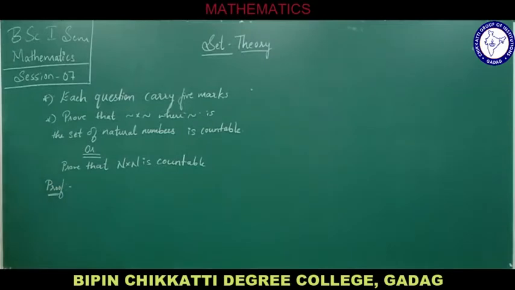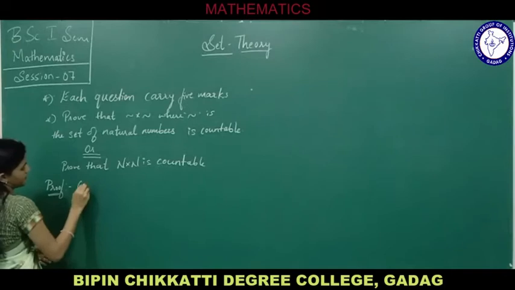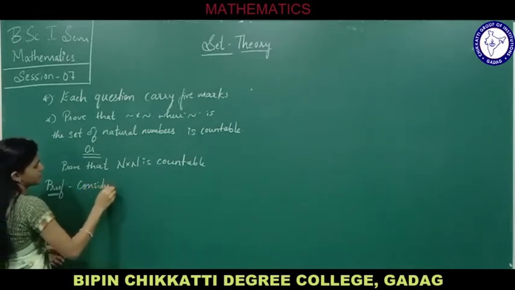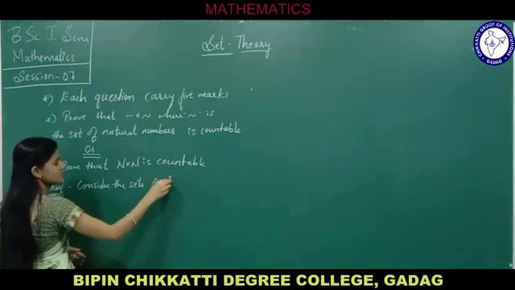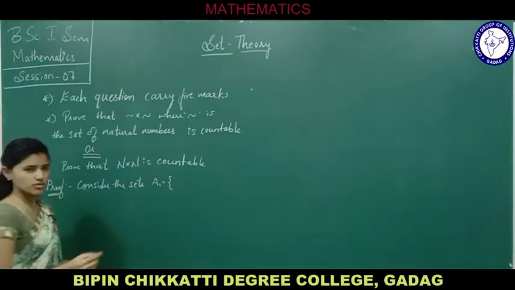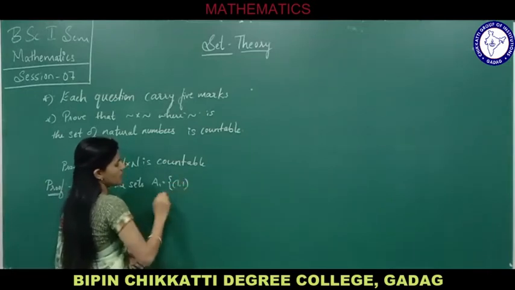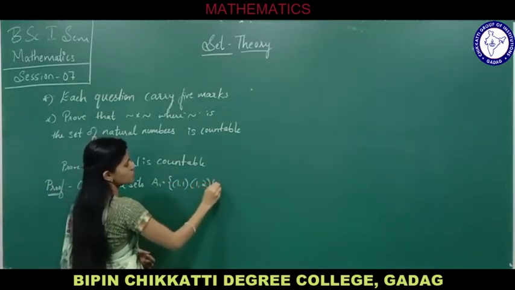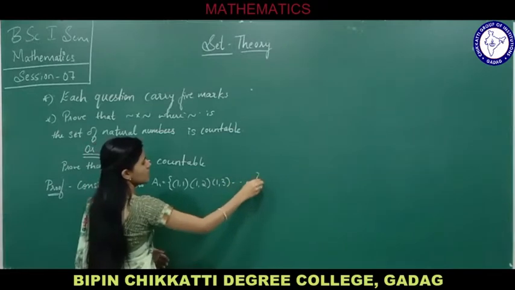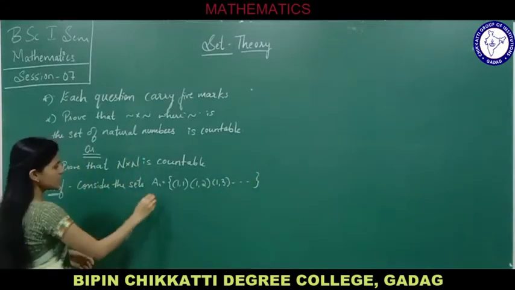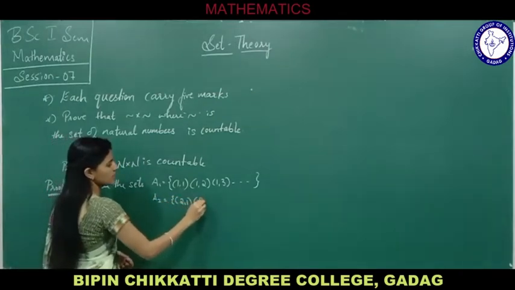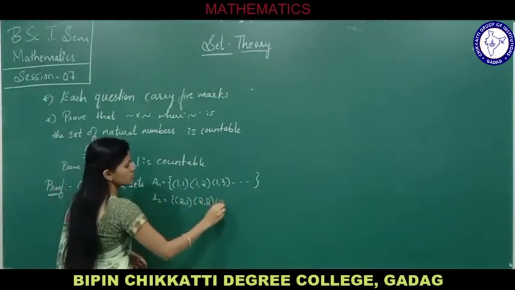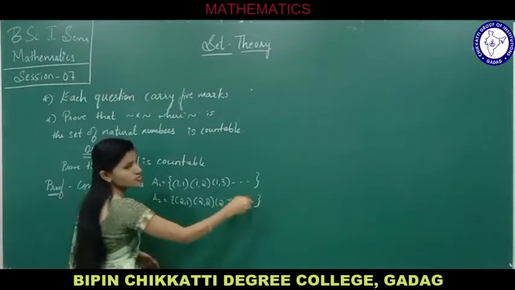How we are going to solve is, consider the set a1. How will this set a1 be? Because it is a cross product, we write (1,1), (1,2), (1,3) and so on. In the same way a2 will be (2,1), (2,2), (2,3) and so on.